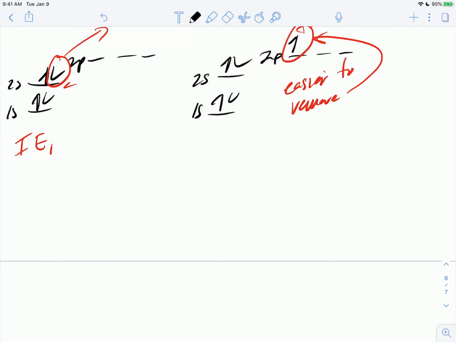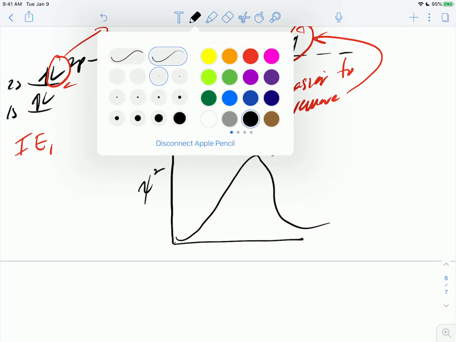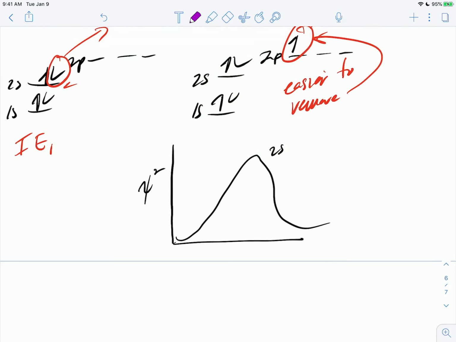Okay, and so the reason why, we're going to go back to this graph that I like so much. If we look at our wave function, the probability of finding an electron, and we look at the 2s and the 2p.